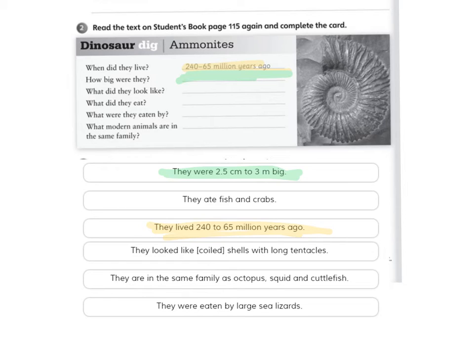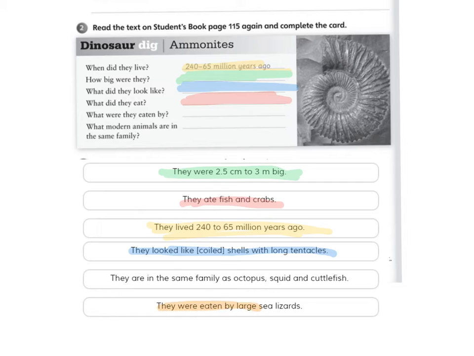Next one. What did they look like? They look like coiled shells with long tentacles. The question of the $1 million is, what's the meaning of coiled? This spiral shape that's coiled. Next question. What did they eat? They ate fish and crabs. Next. What were they eaten by?